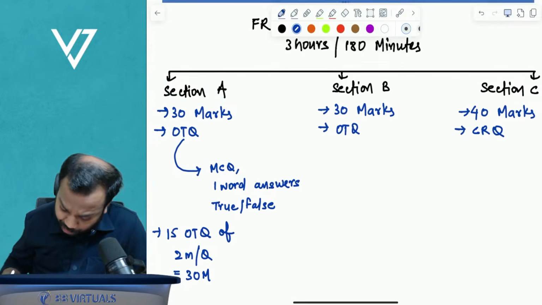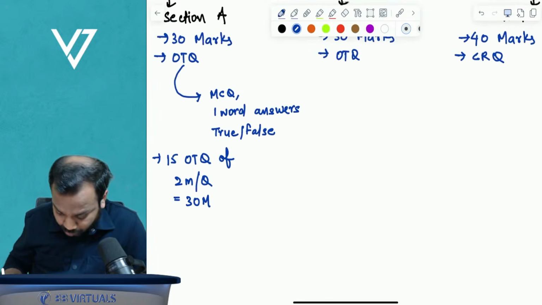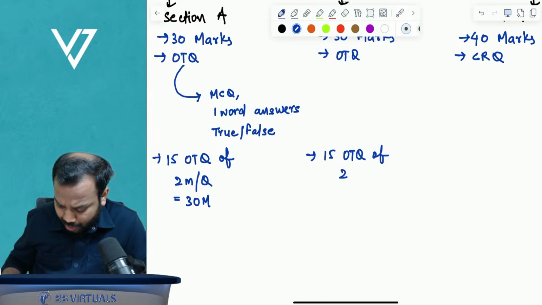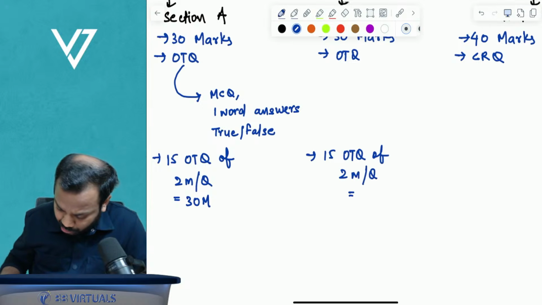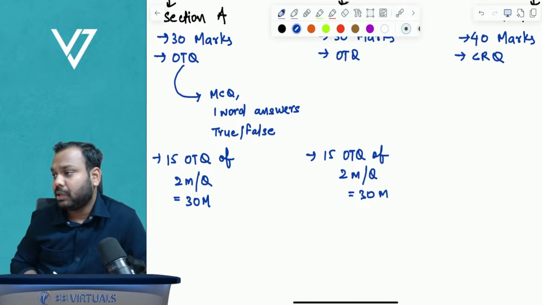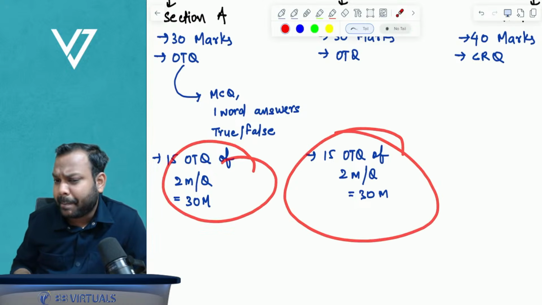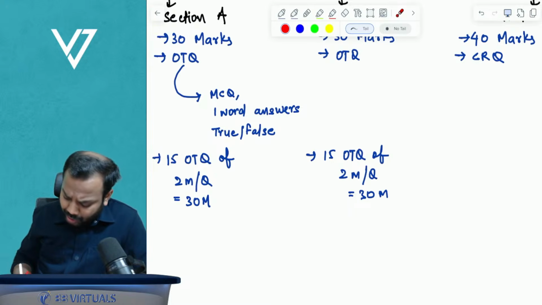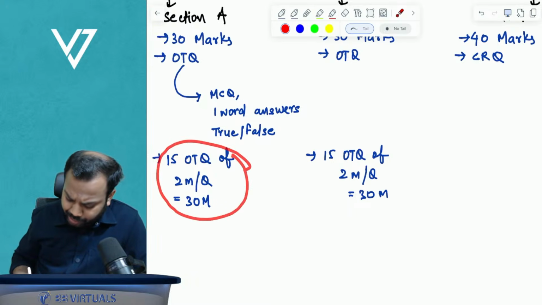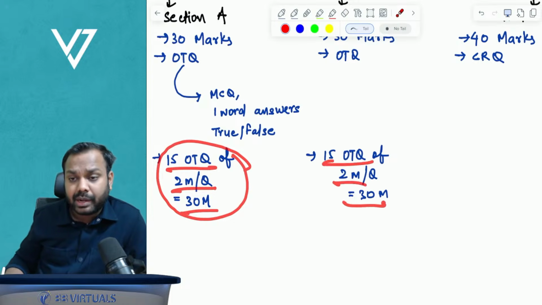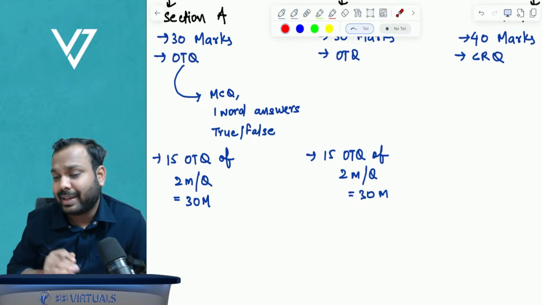If I talk about Section B, it is also the same: 15 objective type questions of 2 marks per question, totaling 30 marks. The question comes, sir, are Section A and Section B the same pattern? No. You might say right now I said the same thing, but there is a catch.